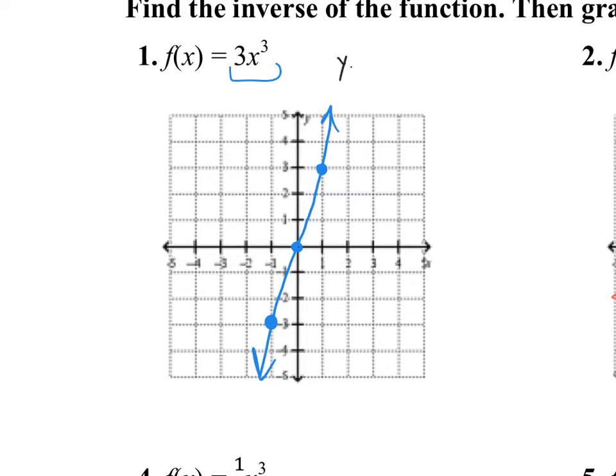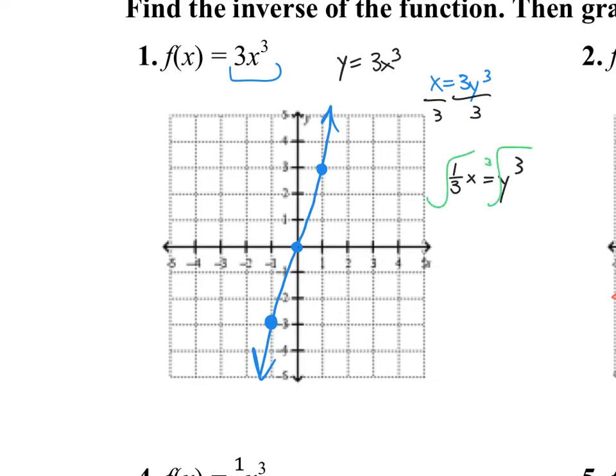To find its inverse, we replace f of x with y. We swap x and y. And then we start solving, which in this case will be dividing both sides by 3. So I've got 1/3 x is equal to y cubed.